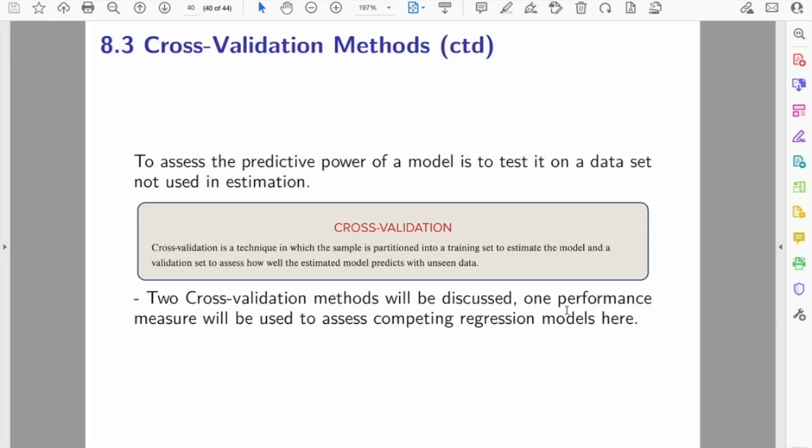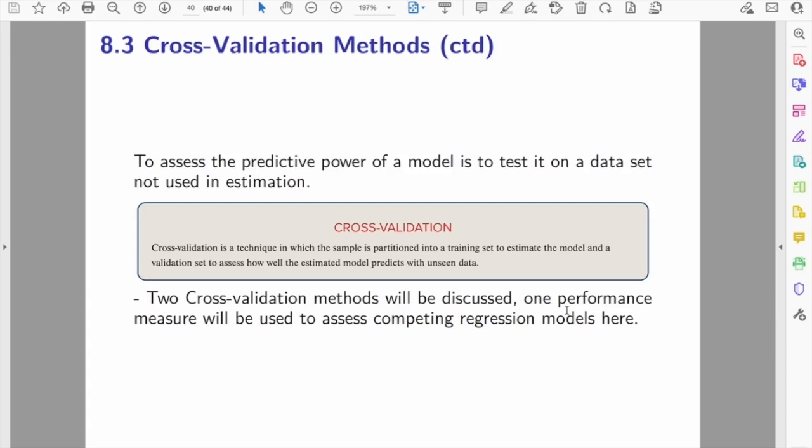The idea of the cross-validation technique is to partition the sample into two sets, training set and validation set. The goal of the training set is to estimate the model, and the goal of the validation set is to assess how well the estimated model predicts with unseen data.